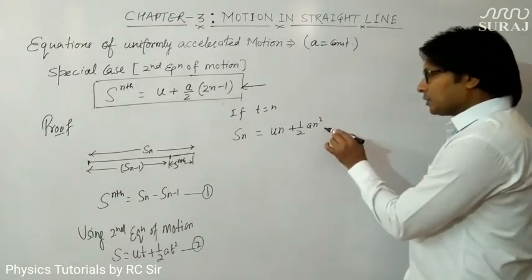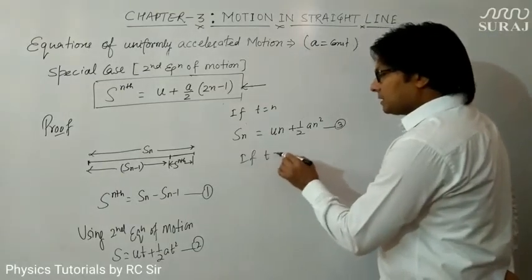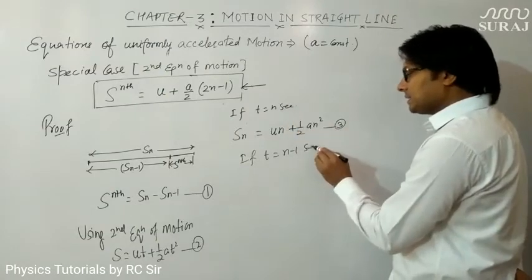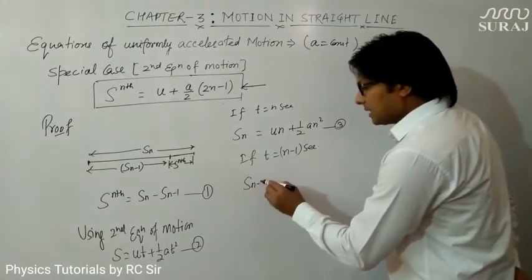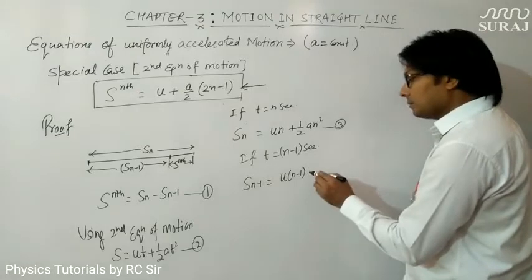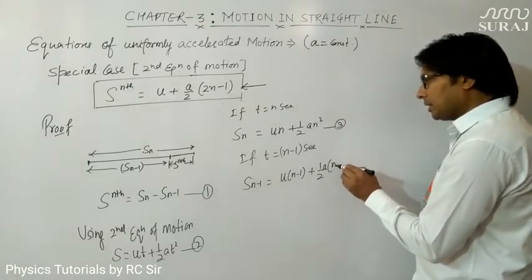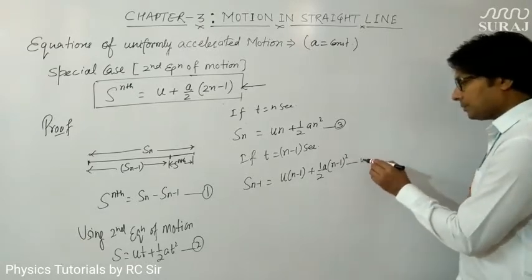This is equation third. Similarly, if t is equal to n minus 1 seconds, this is n seconds, this is t equal to n minus 1 seconds, so S n minus 1 is equal to u times n minus 1 plus half a times n minus 1 whole square, and this is equation 4.